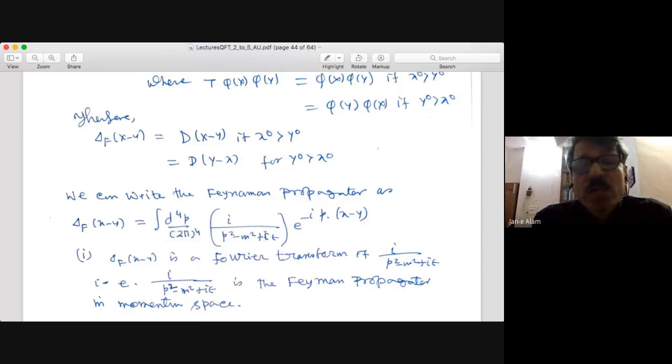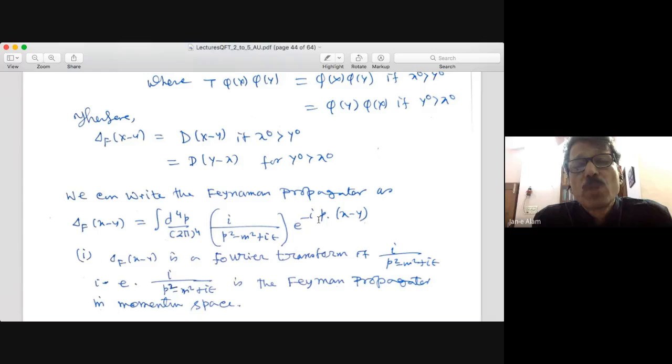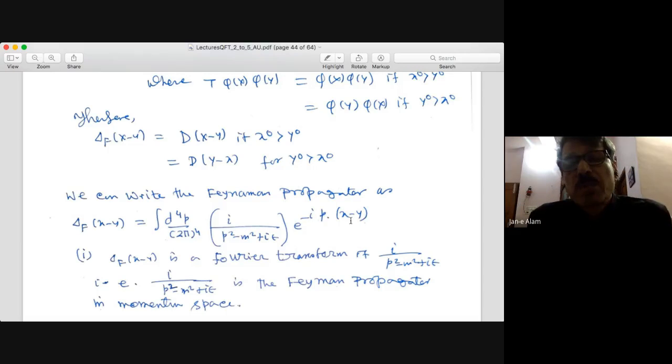I'll tell you what role this iε plays and why we have written it in this fashion, times e^(−ip·(x−y)), where this p·(x−y) is again a 4-vector product. It will have p⁰(x⁰−y⁰) minus the 3-vector product p·(x−y).